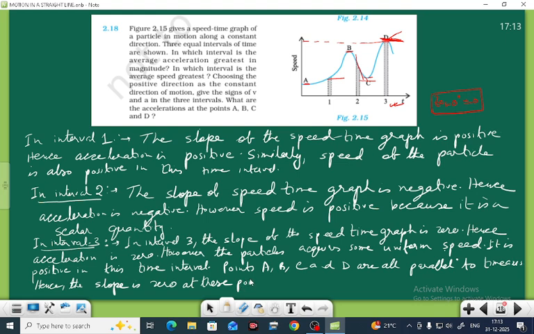Therefore, at points A, B, C, D, the acceleration of the particle is 0.